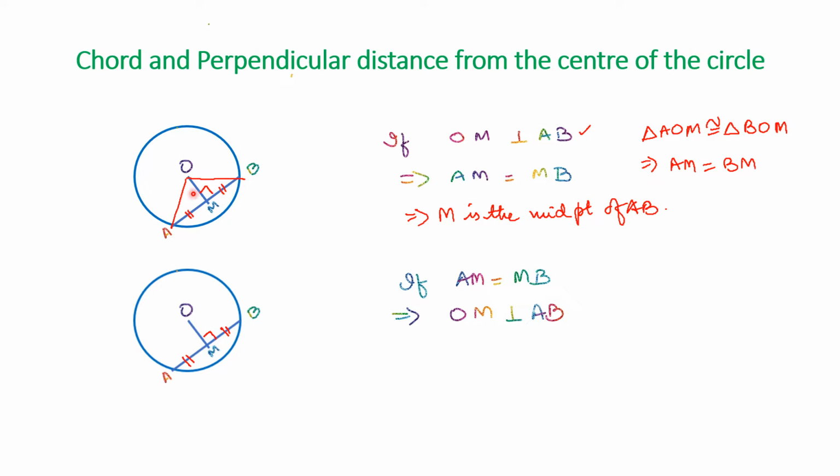So here we are saying that if you have a chord AB and you draw a perpendicular from the center of the circle, you are always meeting the midpoint of AB, and if you are joining the center of the circle with the midpoint, then that OM is always going to be perpendicular to AB.